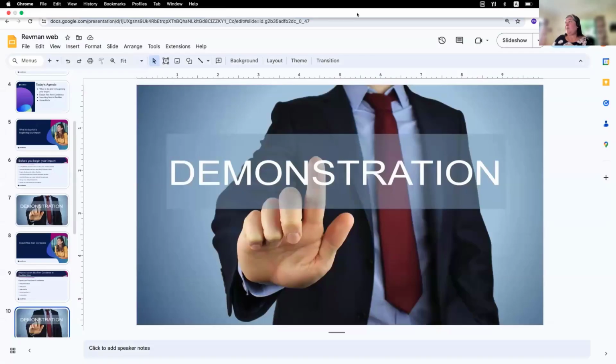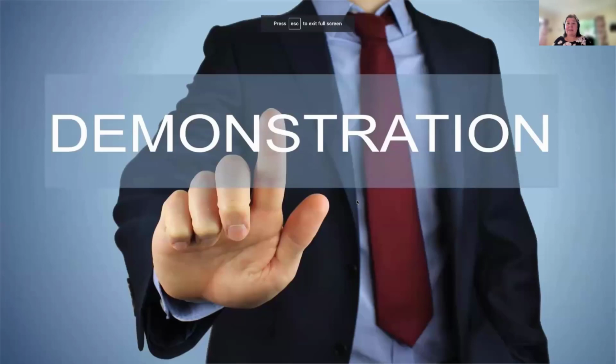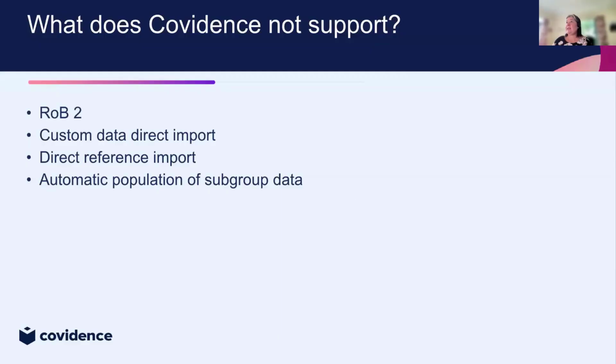So I'm just going to go back to the slides one more time. So that's how easy it is to bring the data over, and then you can start all your analyses. But there are a couple of things that Covidence doesn't support that I just want to emphasize for you. You can't currently use risk of bias 2 in Covidence.